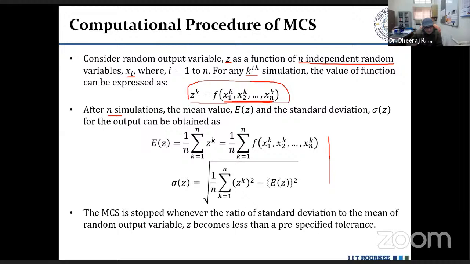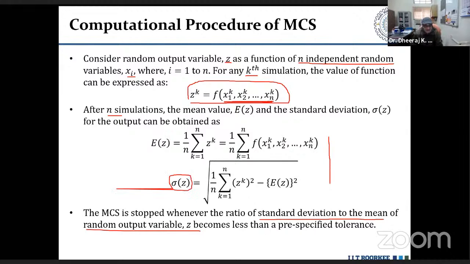And we have to keep on performing simulations till the ratio of standard deviation to mean of the random output variable z becomes less than a pre-specified tolerance. That is the ratio of these to this. Then only we can say that our Monte Carlo simulation has converged.